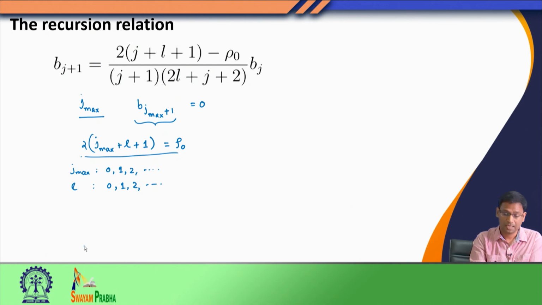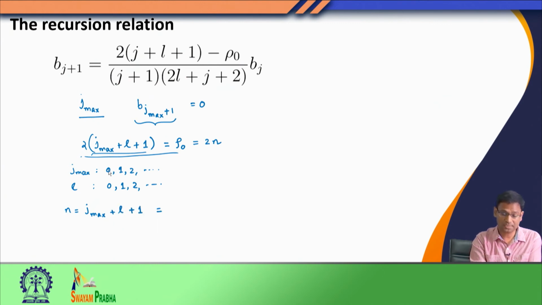So, this quantity on the left hand side is going to be an integer. j max is an integer, l is an integer, 1 is an integer, so the sum of the three would be an integer, and let us call this a new integer n, where n is defined as j max plus l plus 1.